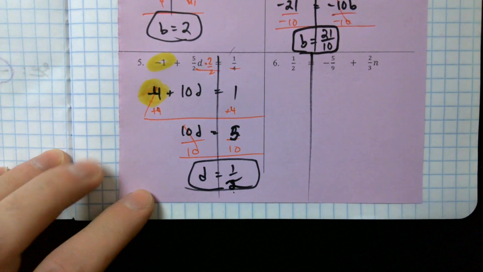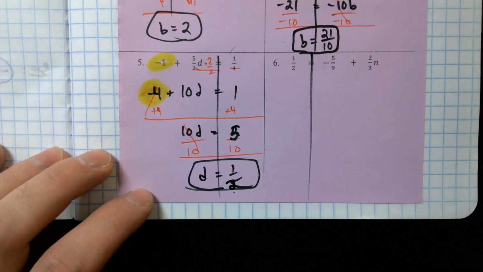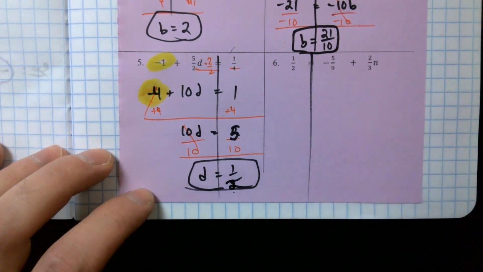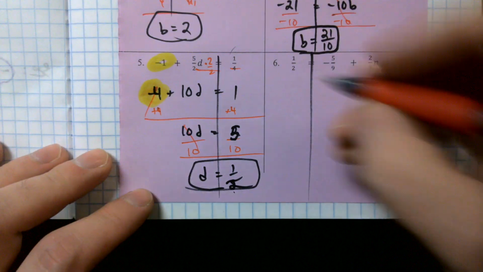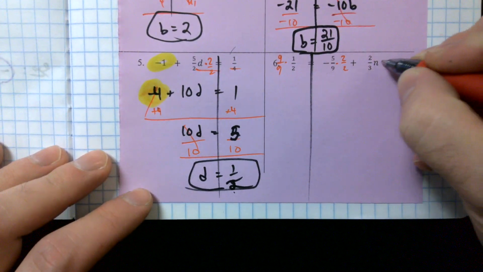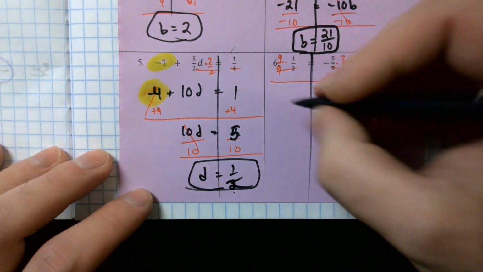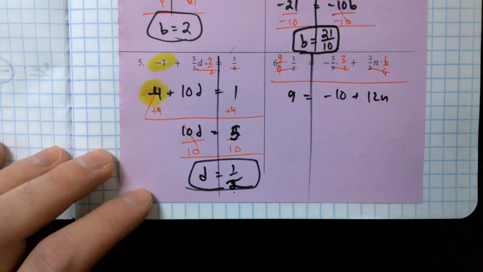All right. Number 6, what's my LCD here? 18. Good. I can see, hey, 2 doesn't go into 9. Well, what's the next multiple after 9? 18. 2 goes into 18. 3 goes into 18. So I'm going to multiply this by 9 over 9, 2 over 2, 6 over 6. Cross them out. 9 equals negative 10 plus 12n.